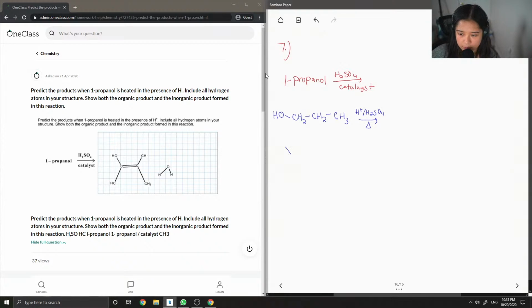So basically, when you have an alcohol heated in the presence of H plus, you have the elimination of your alcohol group. So you have the elimination of your OH with the heat. So this forms a double bond in our final product.